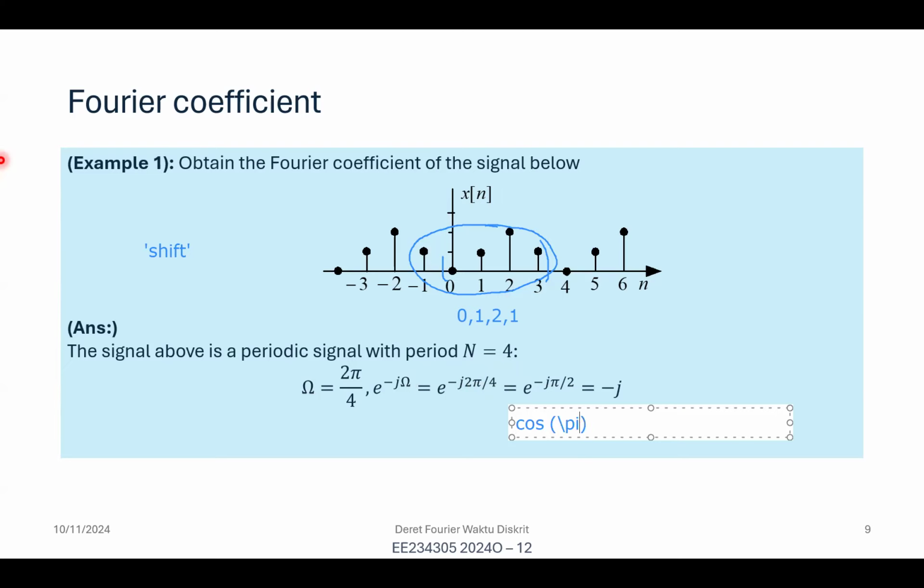Cos of minus pi over 2. Yes, this is minus pi over 2. And this is the j sine of pi over 2. Sorry, this is not minus.